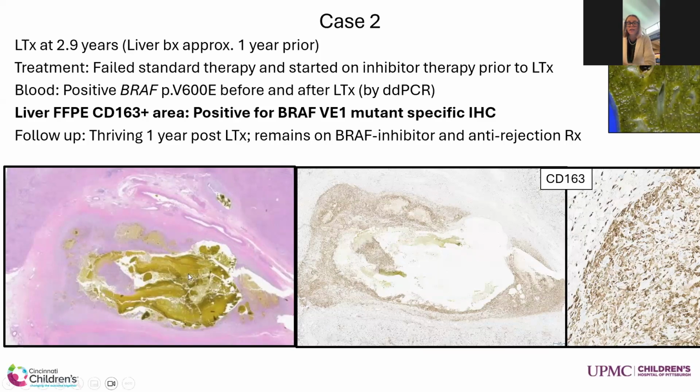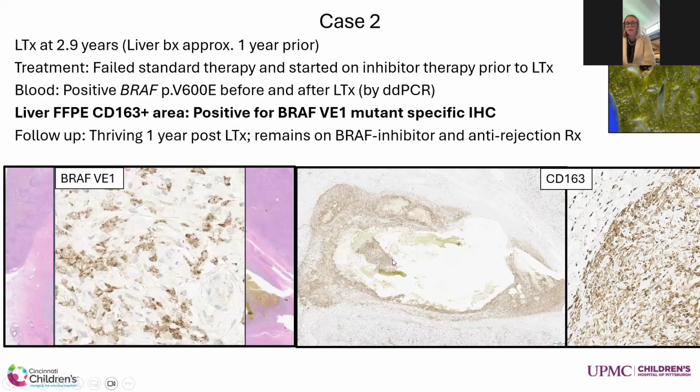This case had more bile stasis, a bile lake, but with a surrounding macrophage-predominant infiltrate around that cholestasis, and a subset of those CD163-positive cells did demonstrate the mutant-specific staining for BRAF. This child is also doing well a year after transplant.